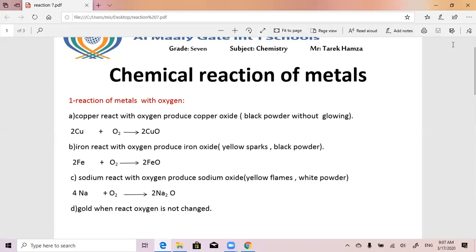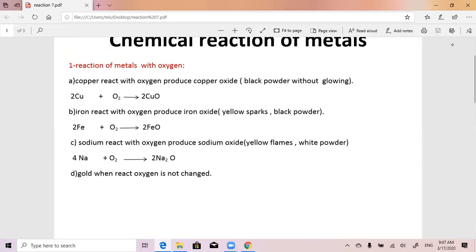Again, copper, the first metal here. Copper, when burned with oxygen, produces copper oxide. What are the properties of copper oxide? Copper oxide has black color, forms a powder, and burns without glowing. يعني إيه without glowing? There is no light in this reaction.